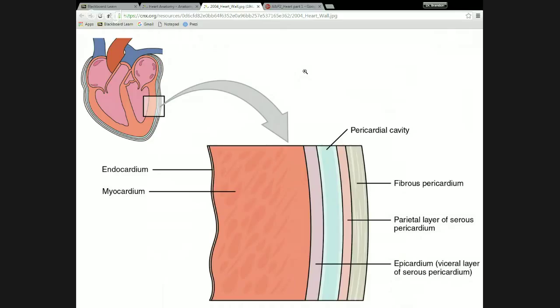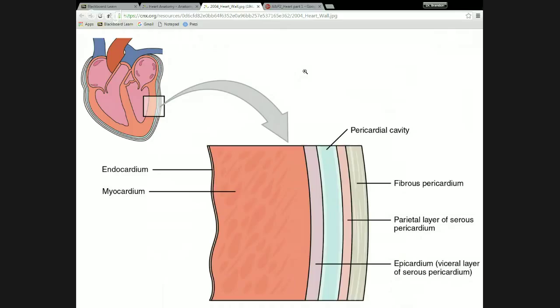The heart has a serous membrane covering its outside and lining the inside of the mediastinum, which is called the pericardium. It's a simple squamous epithelium and its associated areolar connective tissue that's on the outside surface of the heart and the inside surface of that cavity.